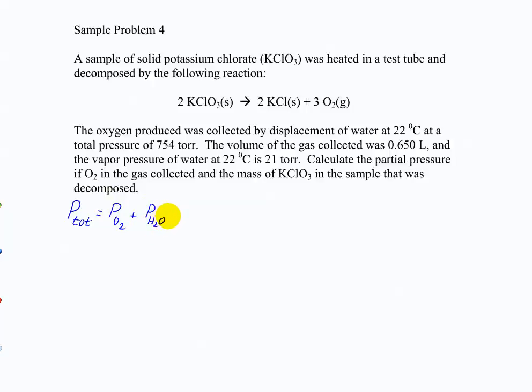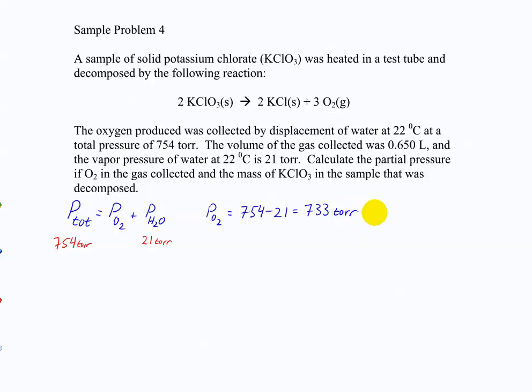We know the total pressure is 754 torr, and the pressure of water is 21 torr. So we just subtract, and 754 minus 21 is 733 torr.